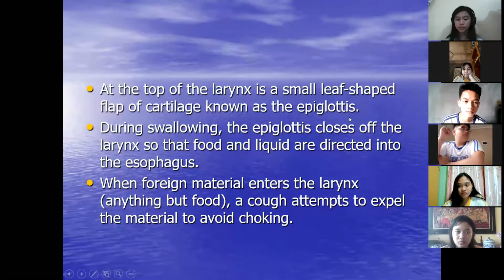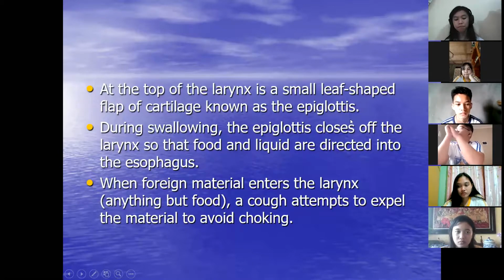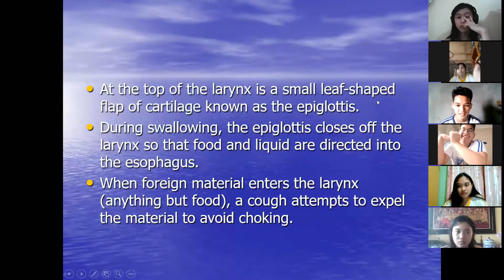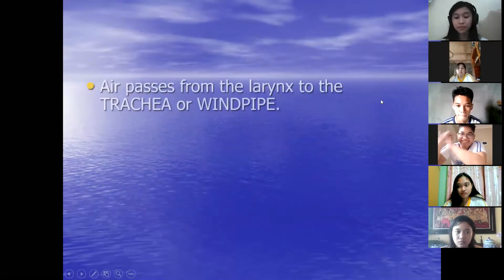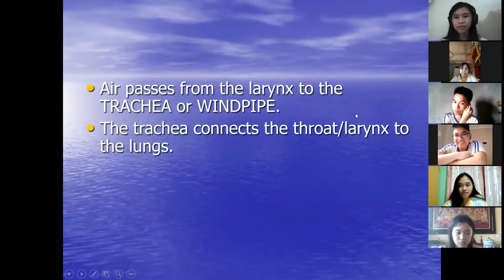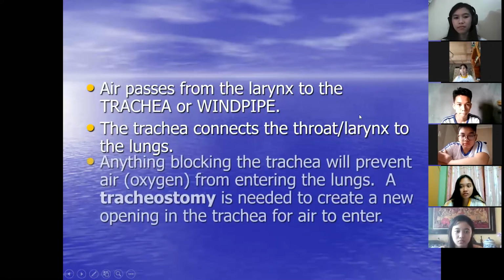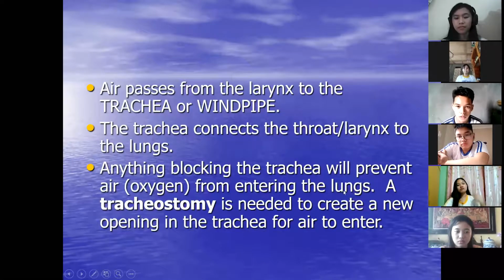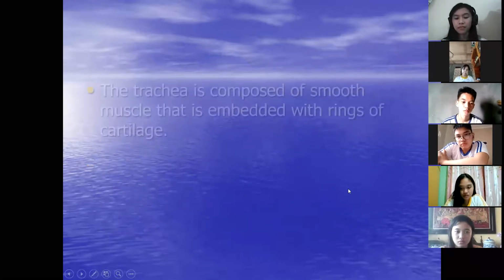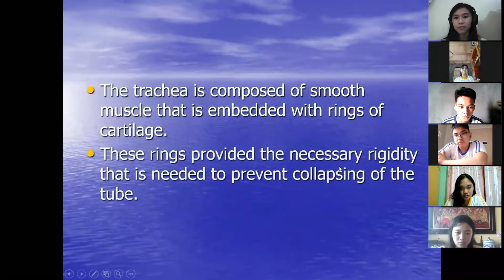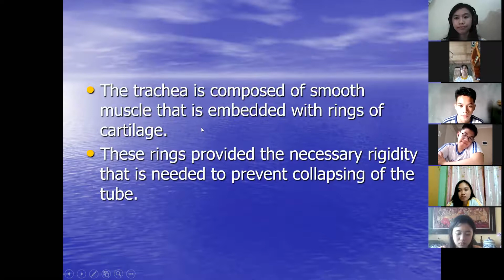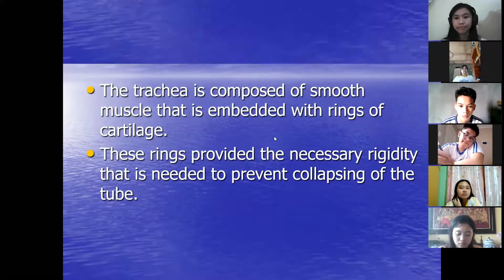So it's like Gandalf: you shall not pass. And then here, the trachea's windpipe connects the throat and the lungs. Not this one, it's higher science. The trachea is composed of rings of cartilage to prevent it from collapsing if pressure occurs during breathing.